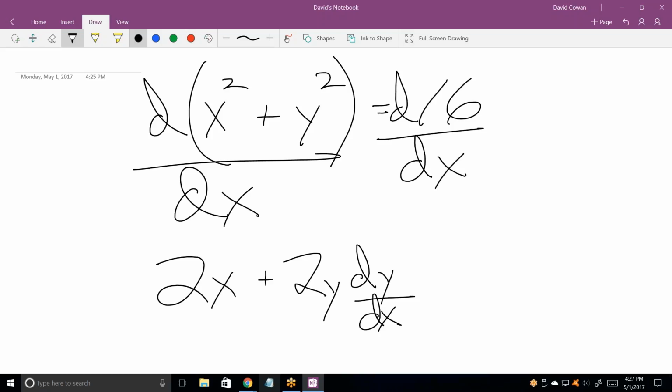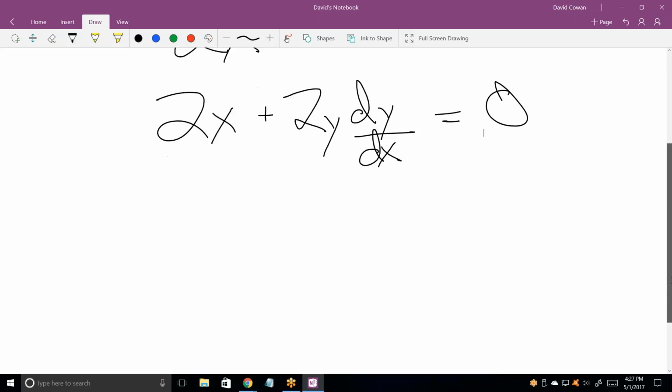If you come across any variable whatsoever that's not x, then you follow it by a d of that variable divided by dx. And the right side is 0, because the derivative of a constant is always 0. Notice I can solve for dy/dx.